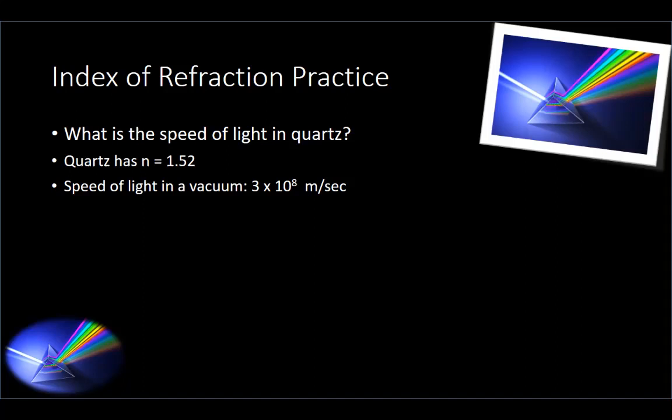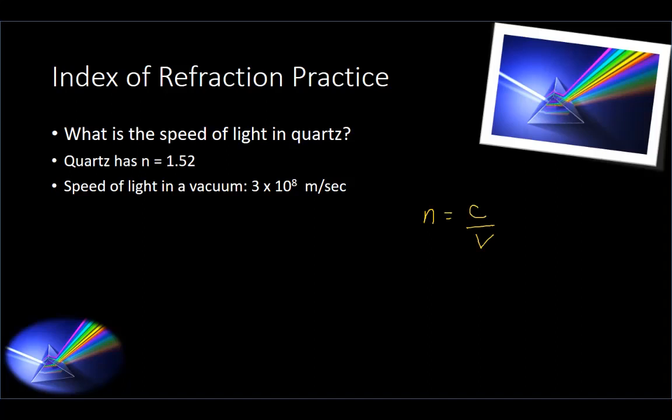We'll start by taking a look at the equation. Remember, n, which is our index of refraction, is equal to c, the speed of light, over v, and that's the speed in the other medium. We're looking for the speed of light in quartz.